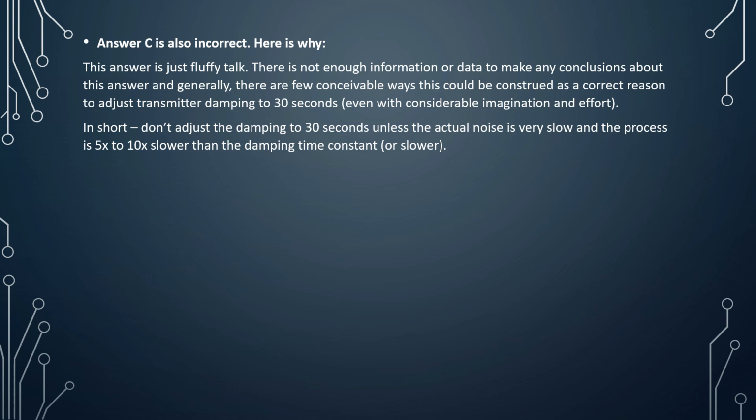Your damping should always be a fraction of the process time. So if the process is about 5 to 10 times slower than the damping, that means we're looking at maybe a 5 minute single process cycle time where this might be warranted to set it at 30 seconds, and only if we have noise that's a very slow acting noise where we need that.